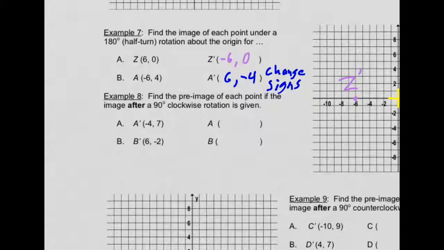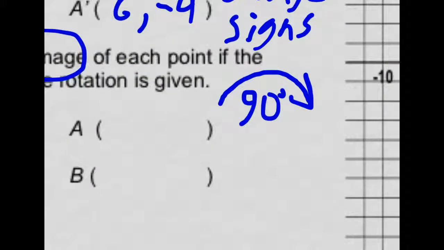Alright, and example number 8, excuse me, find the pre-image of each point if the image after a 90 degree clockwise rotation is given. So this, we've just done a 90 degree clockwise rotation, and remember, when we do that, then our pre-image is at the start, and our image is at the end.